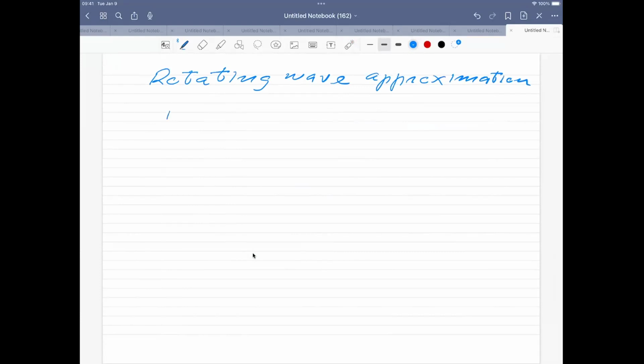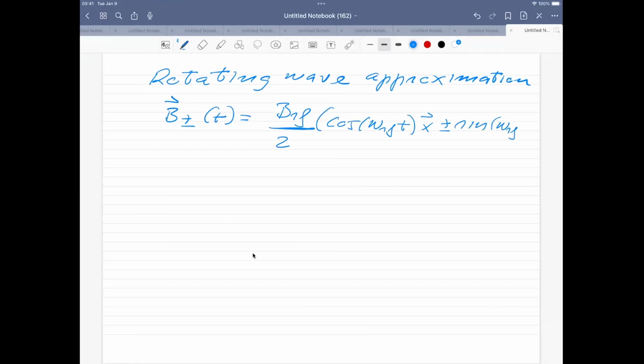And in that case, we could have a field which is a plus minus here, depending on time, which contains this constant for the radio frequency. So that's a field-specific constant. And then I have a cosine of omega RF times t multiplied with x. And then there's a plus minus. And then I have a sine of omega RF times t times y.